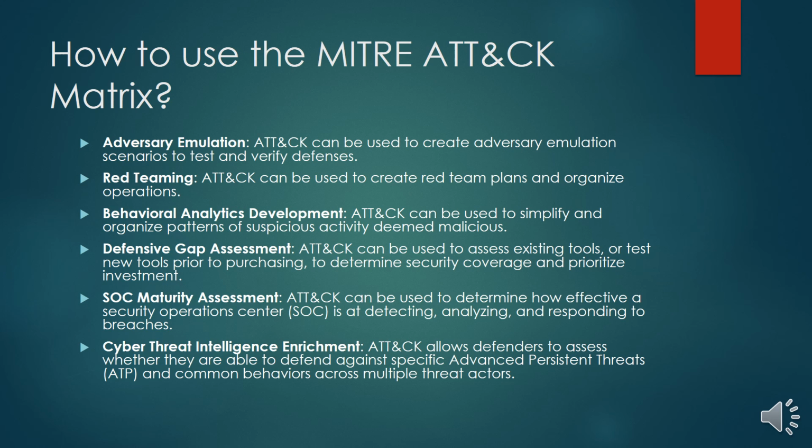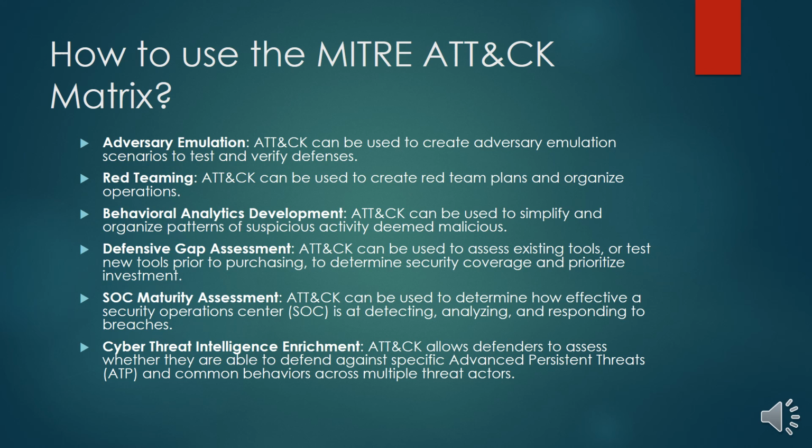And then we move on to how to use the MITRE ATT&CK matrix. So there is adversary emulation. At this stage, it assesses security by applying intelligence about an adversary and how they operate to emulate a threat.